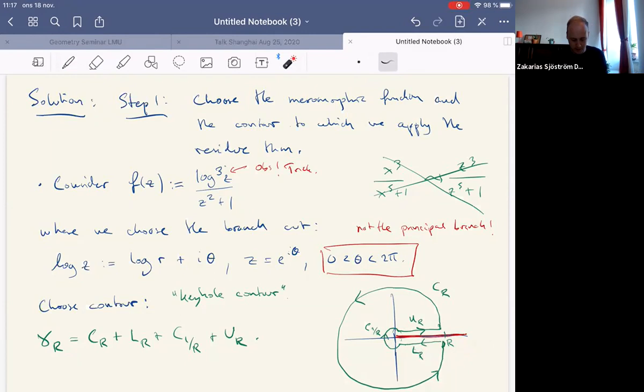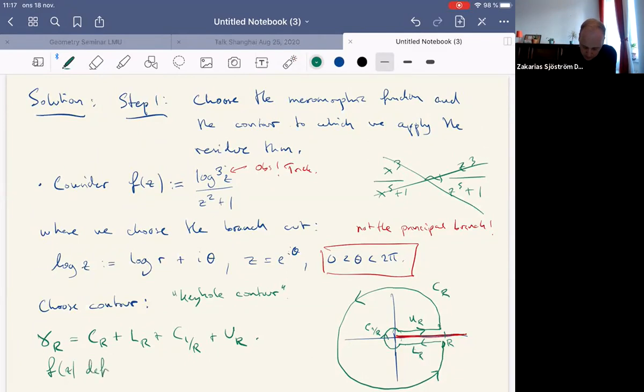First, however, let's compute the residues. So now we have a closed curve and we have this f of z, which is holomorphic everywhere inside. So, okay, now f of z is not holomorphic, but it's meromorphic.